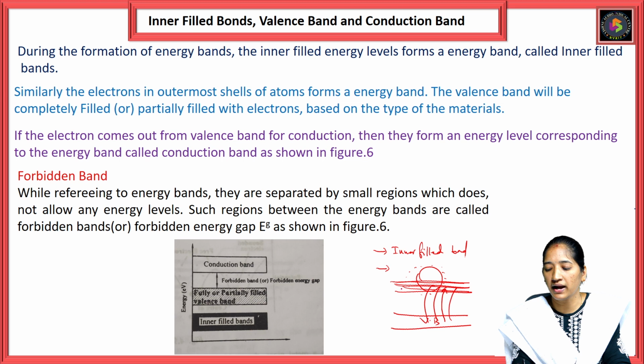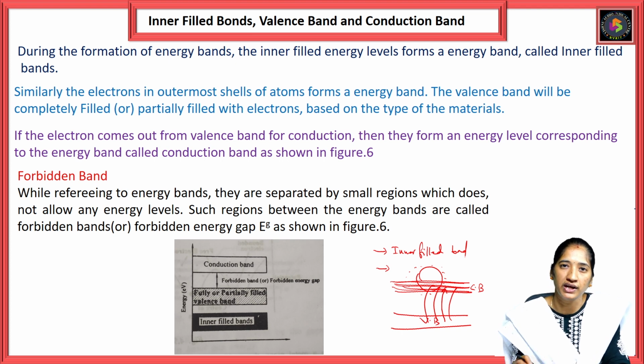It forms a band, that is the conduction band. So first the inner filled band will be formed. After that, the outermost shells of the atoms form an energy band called the valency band.